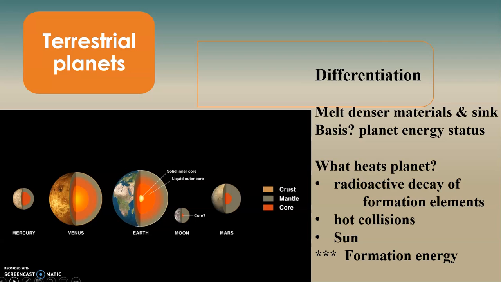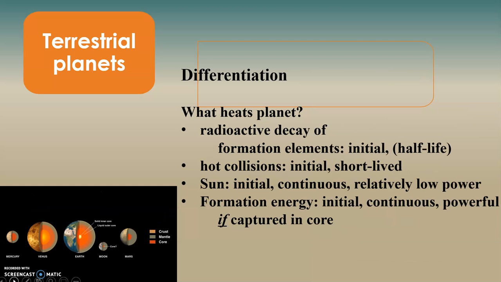So if we think about the radioactive decay of the formation elements that are flying around from the Big Bang, they are going to provide a lot of energy, at least initially. And we're talking 4.5 billion years ago. So these radioactive elements do have a half-life, and you could say, well, that half-life is very long.